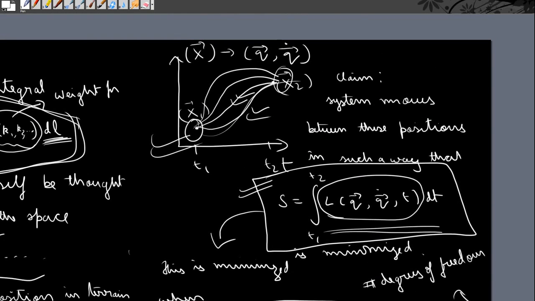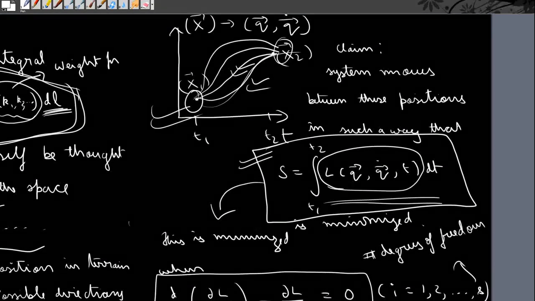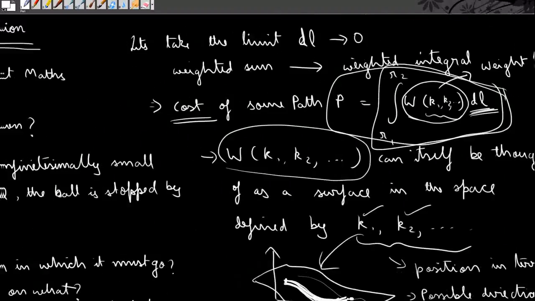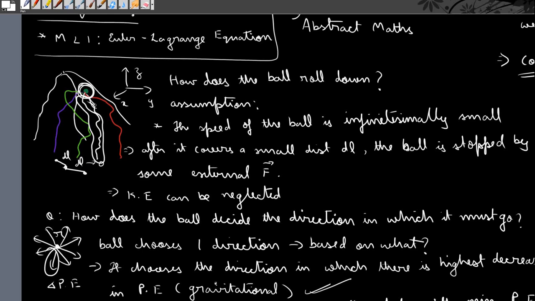And we understood this principle of least action through an analogy of a ball rolling down a hill with infinitesimally small speed.